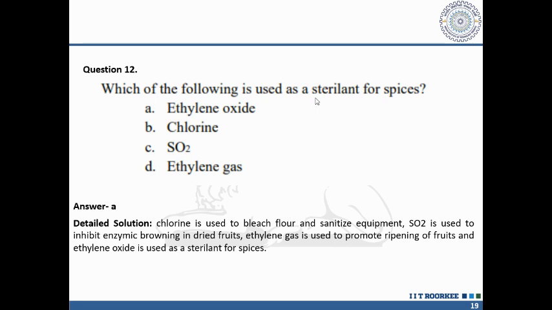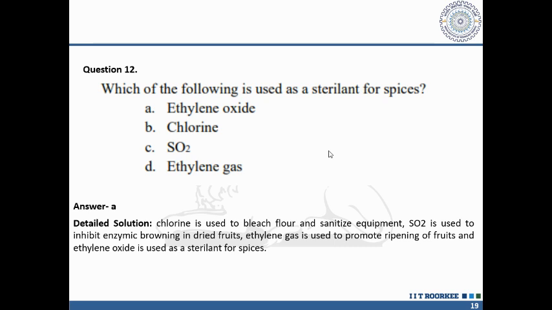Chlorine is used to bleach floors and sanitize, sulfur dioxide for enzymatic browning, and ethylene gas for ripening of product. So ethylene oxide is the only option you have. That is the correct answer. You got it?